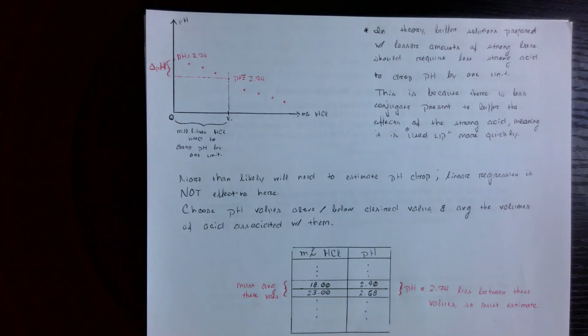Formally, what you're going to do is figure out how much acid is required for each buffer to drop the pH by 1 unit. My starting pH here is 3.74. So the question is, for each buffer solution, how much does it take to drop the pH?